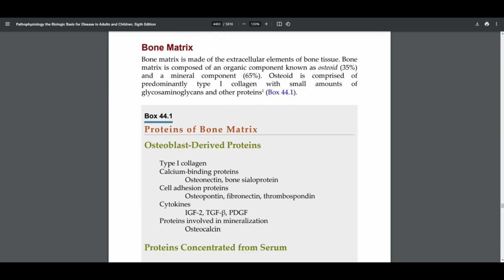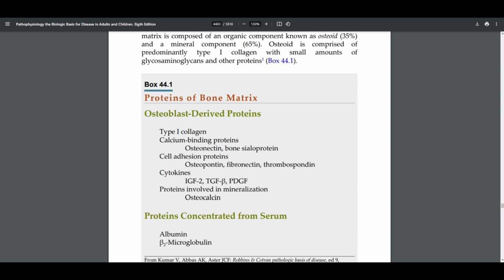So, our bone matrix. Bone matrix is made of the extracellular elements of bone tissue. Bone matrix is composed of an organic component, known as osteoid, and a mineral component. Osteoid is comprised of predominantly type 1 collagen, with small amounts of glycosaminoglycans and other proteins.